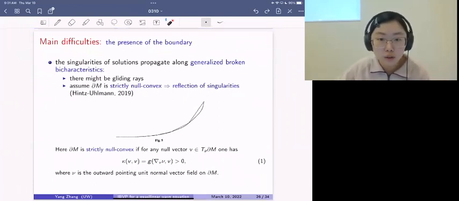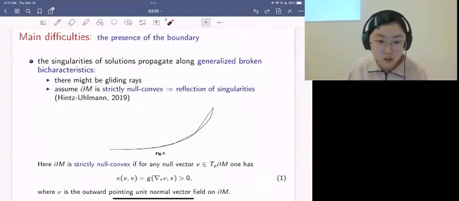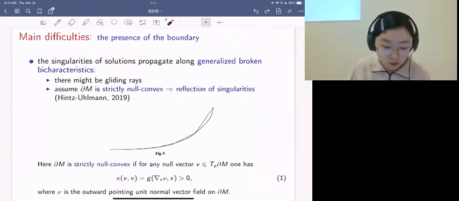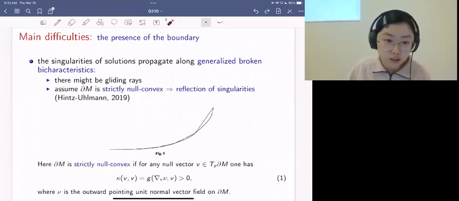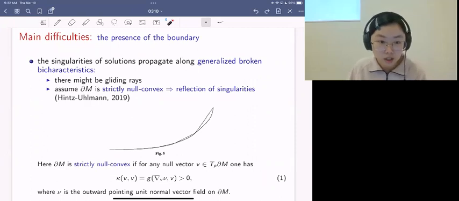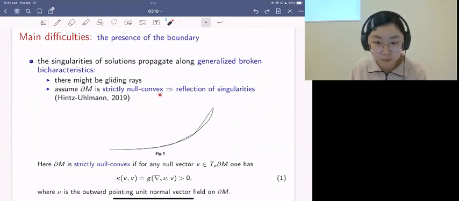Recall that in some terms of the linearization, we have solutions to the linear wave equation in a manifold with boundary. So the singularities of the solution will propagate along generalized broken bicharacteristics. In some bad cases, you might have gliding rays. To avoid this, we can assume the boundary is strictly non-convex.